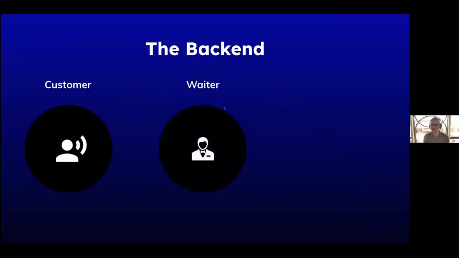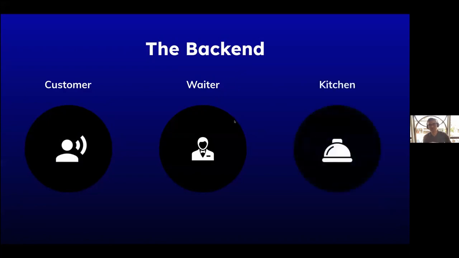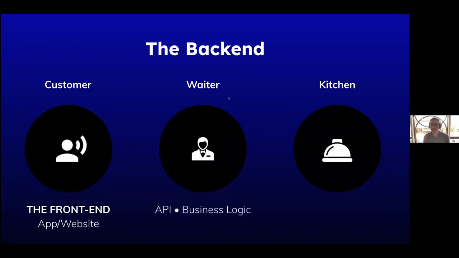That waiter then will take that custom order and pass it over to the kitchen to make the order. Kitchen gives the waiter the cheeseburger and makes a happy customer. In this metaphor, the customer is the front end, right? So they are passing a custom order to the waiter, and the waiter is the API. They're the messenger that runs from the front end and brings it to the kitchen, which is really the heart of your backend. That's the server and the database.